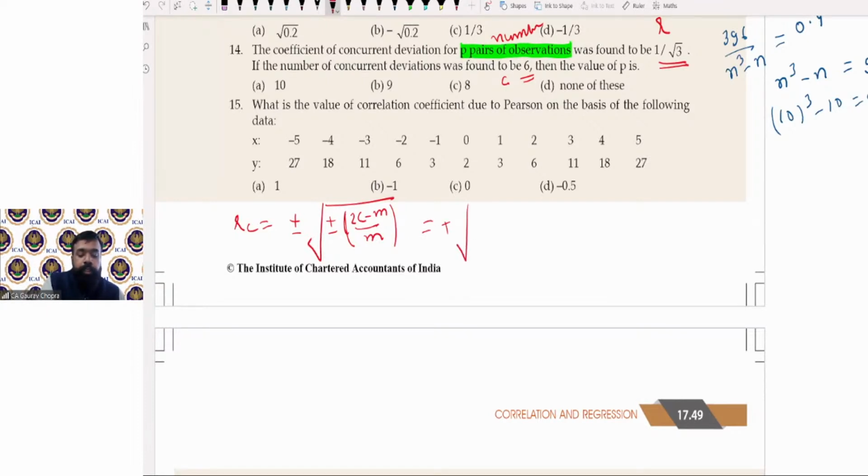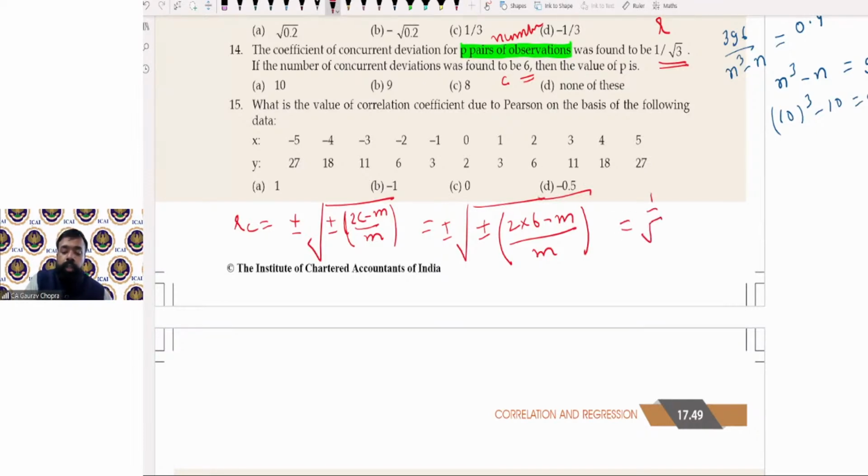Now, plus minus root of plus minus 2 into c, C is 6, minus m. M is the number of pairs of observation, and then equal to how much?